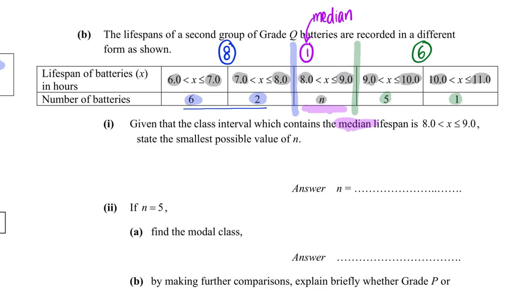To balance them up, because the median is in the middle, I already have 6. How many more batteries are needed so that I can balance up to 8?